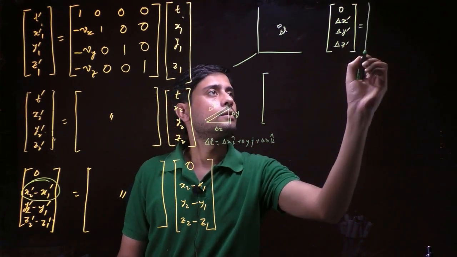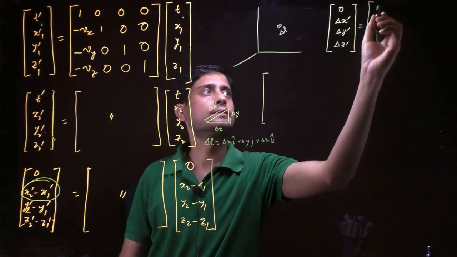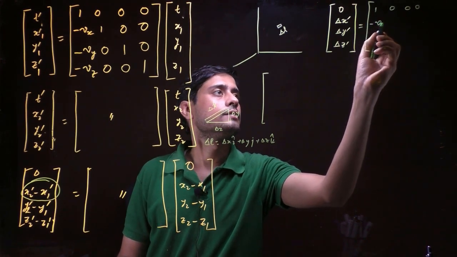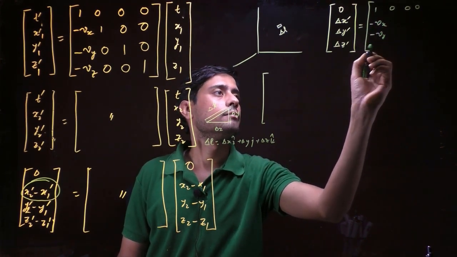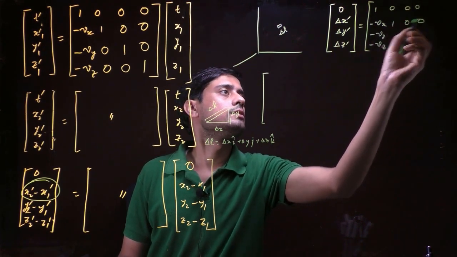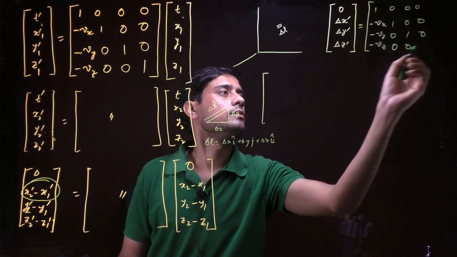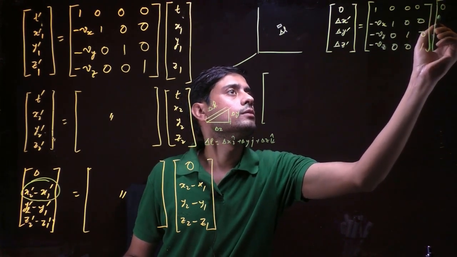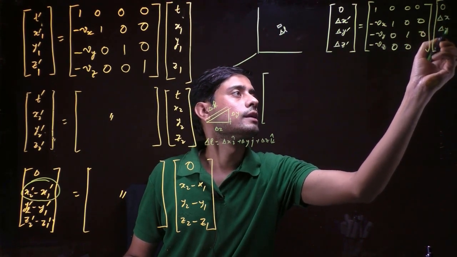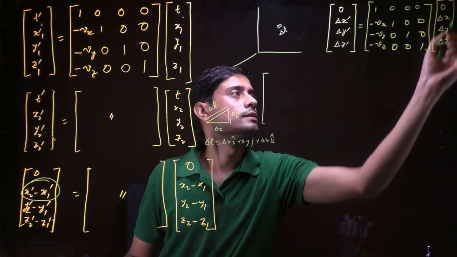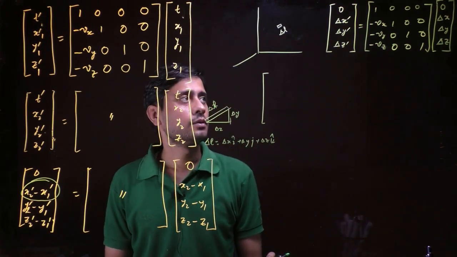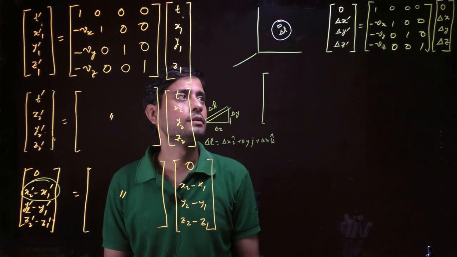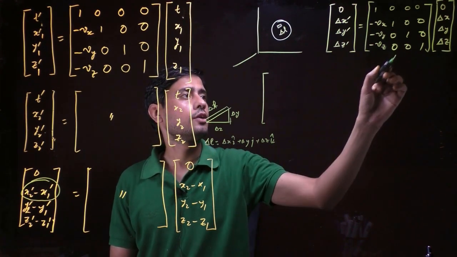So this will be equal to the matrix 1 0 0 0, minus Vx, minus Vy, minus Vz, 1 0 0, 0 1 0 and 0 0 1, into 0, delta X, delta Y, delta Z. So this small length will remain invariant because this is the transformation matrix.